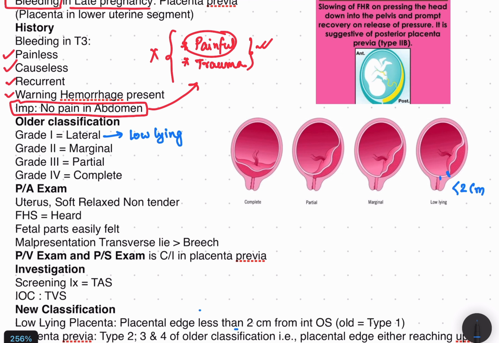Anything where the margin of the placenta either just touches the internal os, or partially covers it, or completely covers the internal os, is now known as placenta previa.